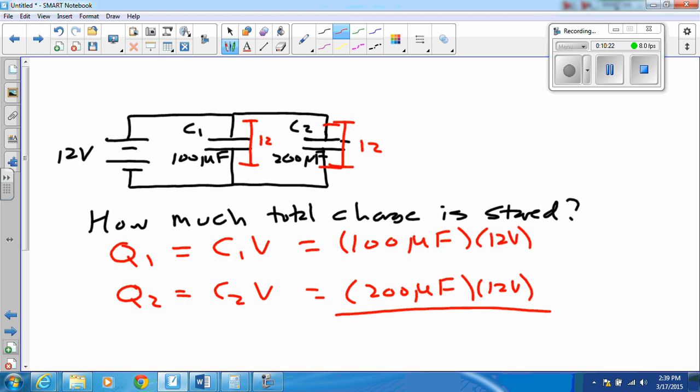I'm not going to be fancy, I'm just going to keep it in terms of microcoulombs. 100 times 12 is, no, sorry, 1200 microcoulombs stored on this one. 2400 stored on the other one. There we go. That's better.